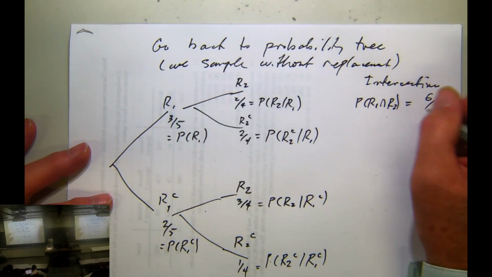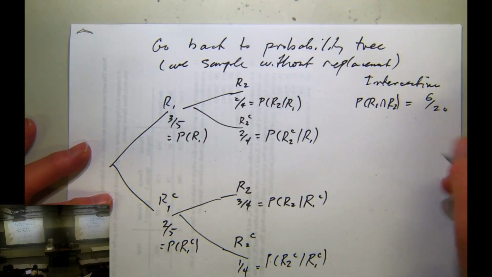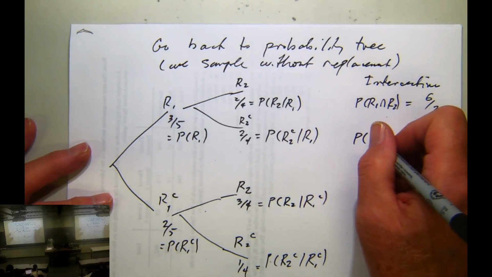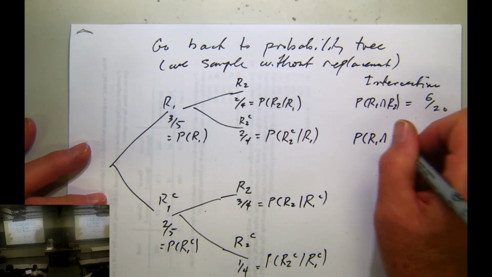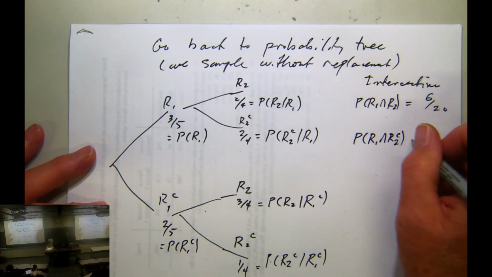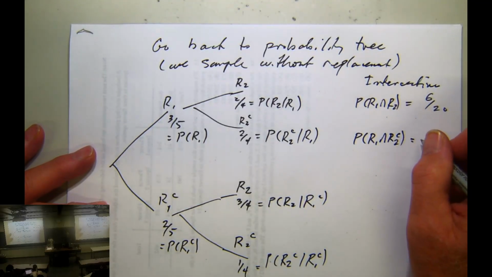We ended up with 6 out of 20. And so on, we could go down and get all of the various intersections.